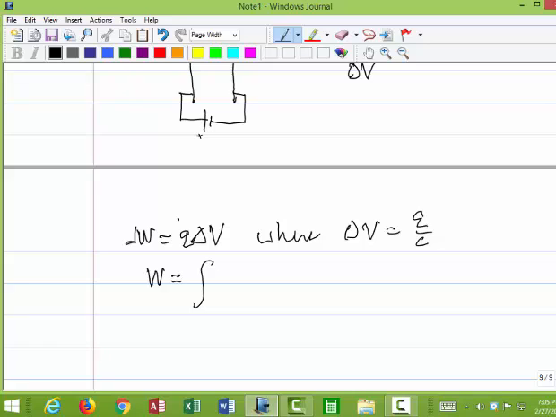The element of work dW is equal to dQ delta V, so it's going to be dQ times delta V, where delta V is Q over C, dQ.